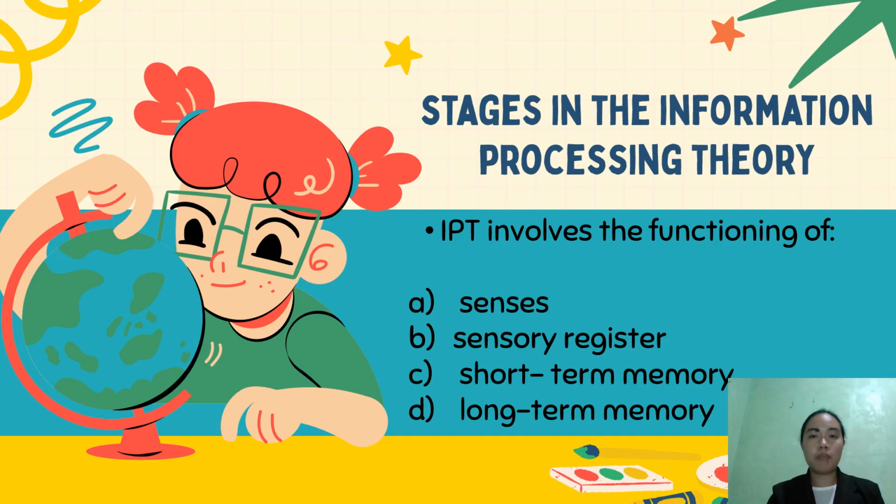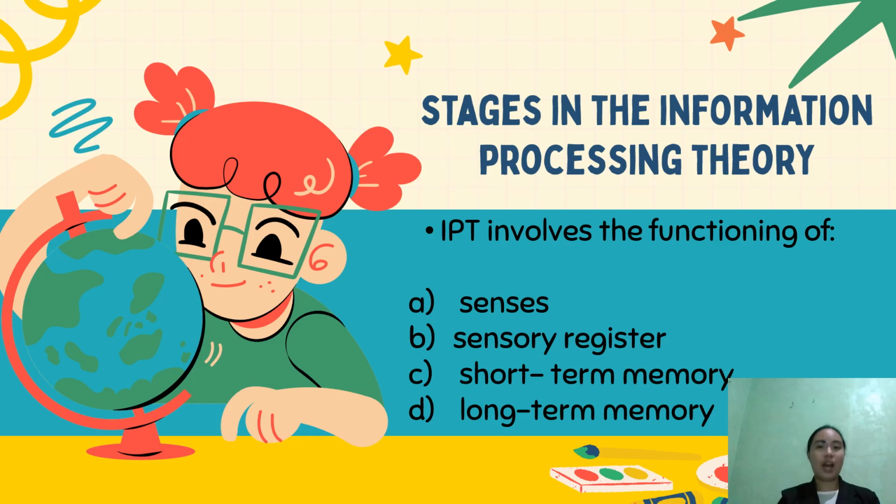The short-term memory can hold information for about 15 to 30 seconds and has a limited capacity of about 5 to 9 pieces of information. To keep the information here longer, we need to rehearse or repeat it. For example, repeating a phone number to remember it long enough to type it in.